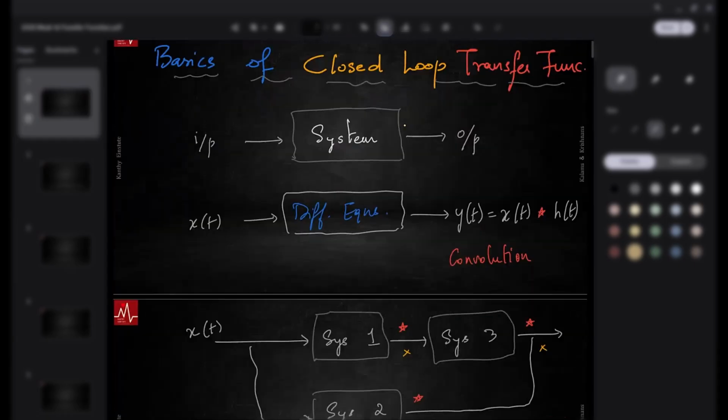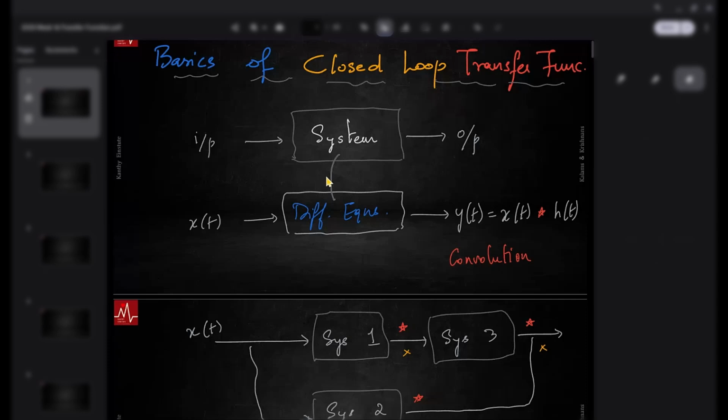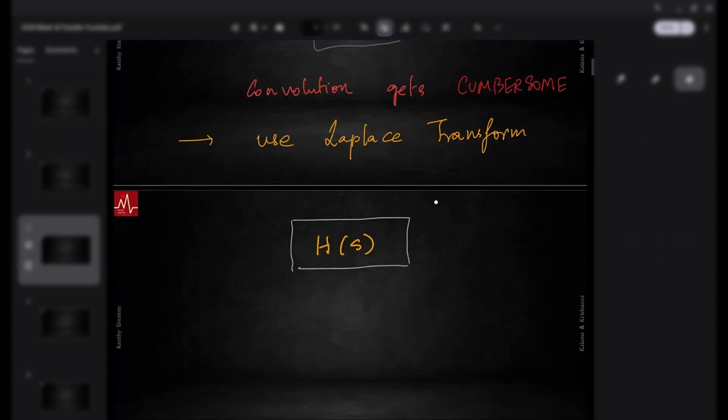Okay, so with this, what happens is now our system has a transfer function h of s. So what does this transfer function depend on? The simplest example is impedance. It tells you the relation between voltage, say input voltage, and the current across the element. That's the simplest transfer function. So any real life thing corresponds to a differential equation. In turn, they could be represented as a transfer function.